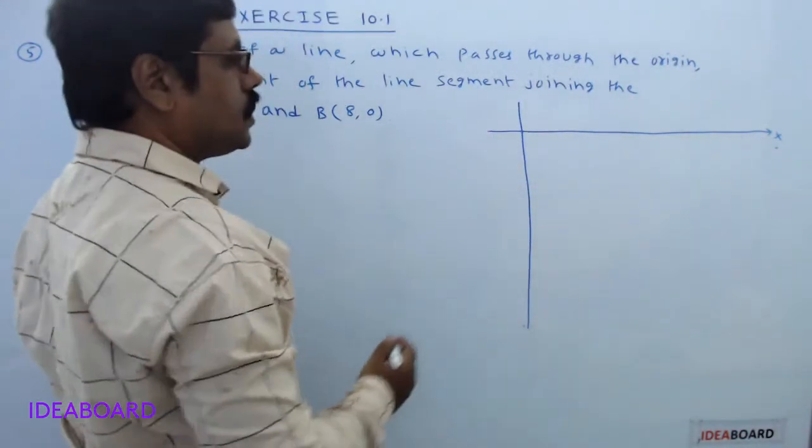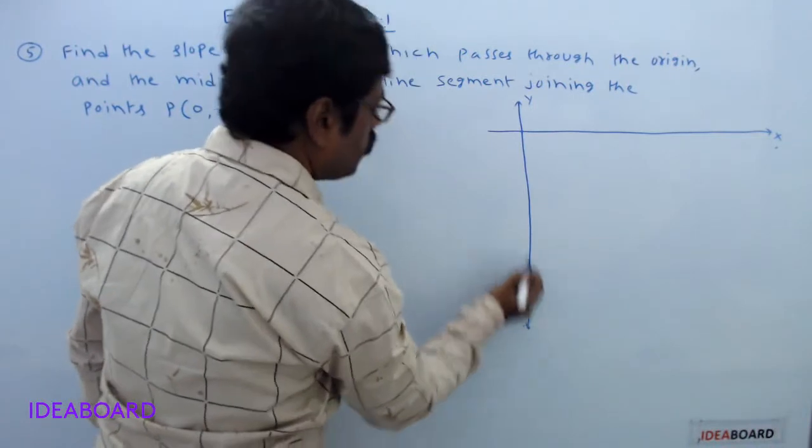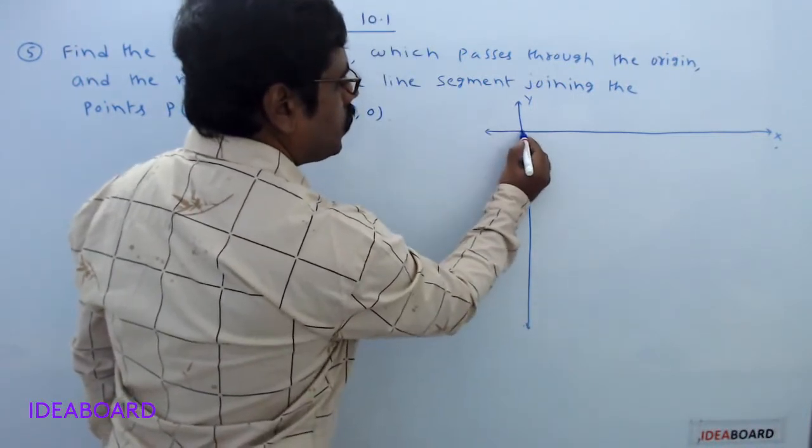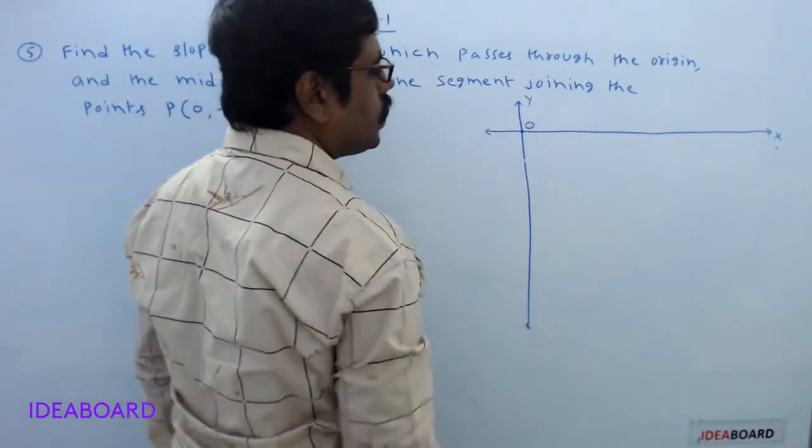Suppose this is x-axis, this is y-axis. Point of intersection of x-axis and y-axis is origin.